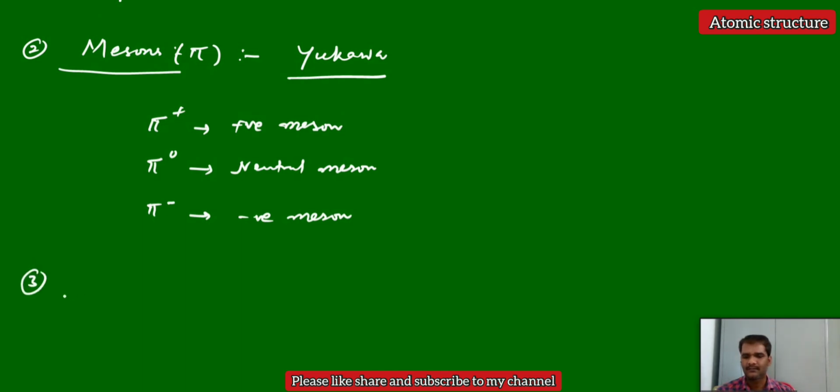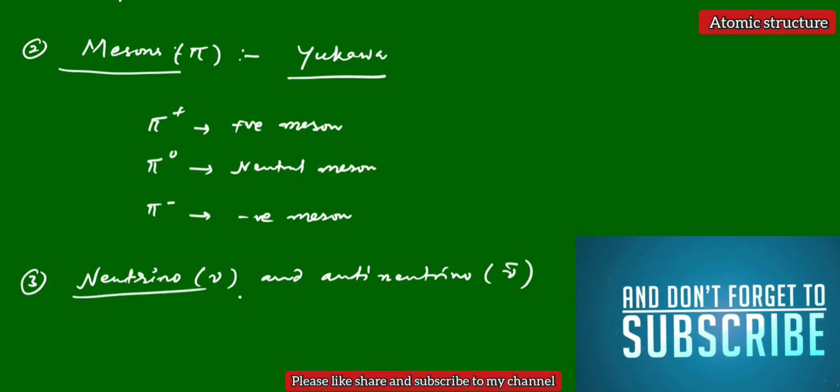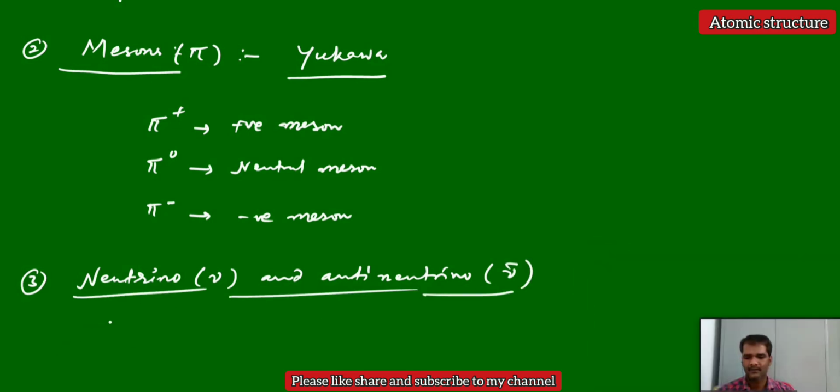And the third one, neutrinos. We have neutrino and antineutrinos. This is discovered by Pauling, neutrino.